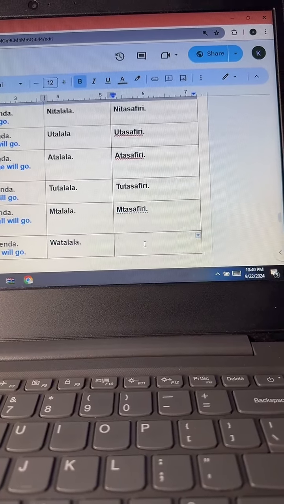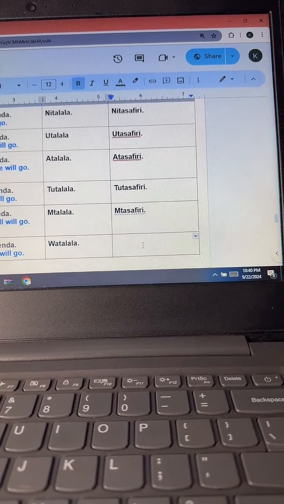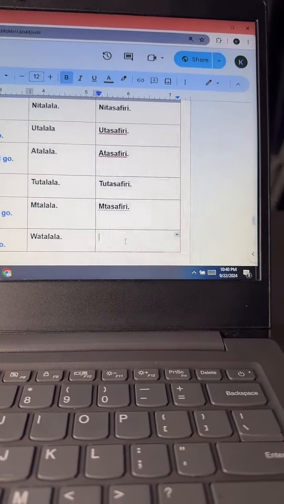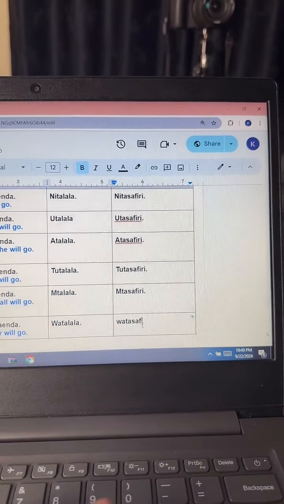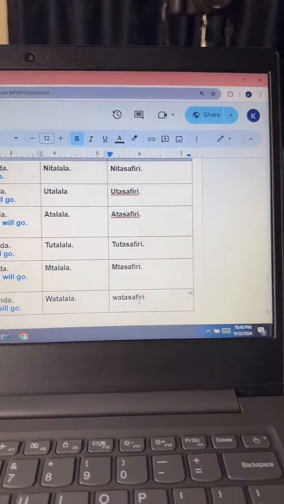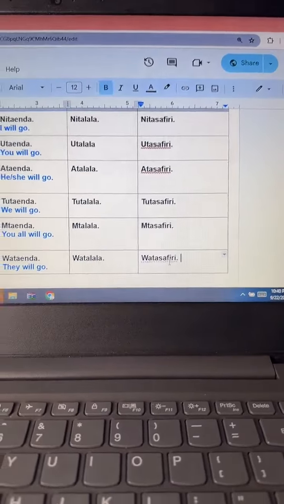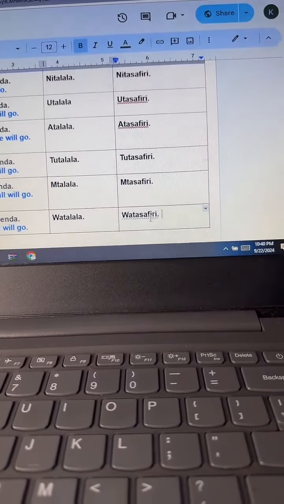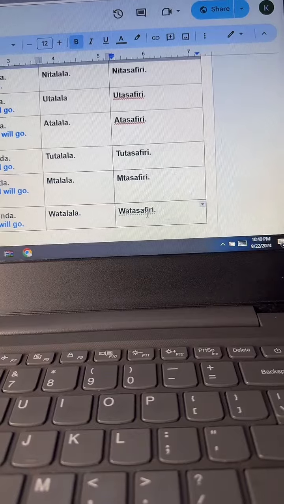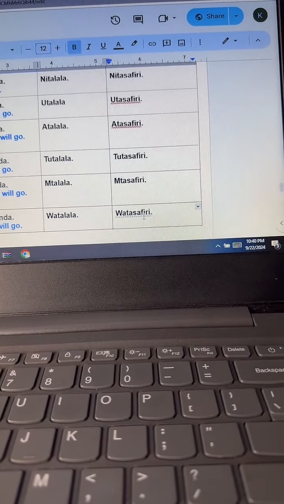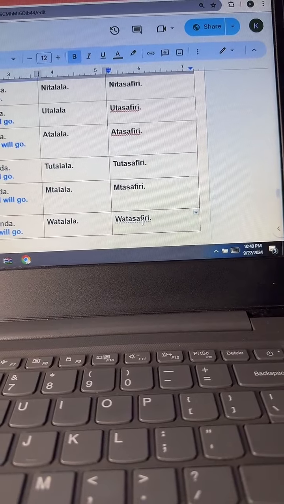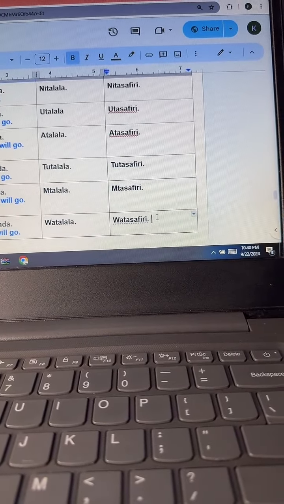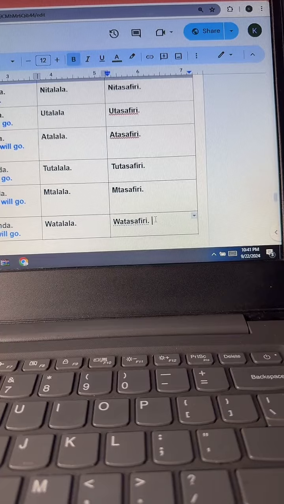Moha watasafiri vizuri sana. Hapa tuna baby Zash watasafiri. Kitris anasema nyinyi mtasafiri. Nyinyi mtasafiri means you all will travel. So here is wao watasafiri.